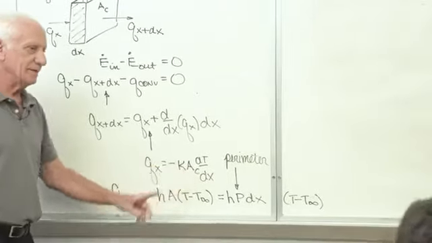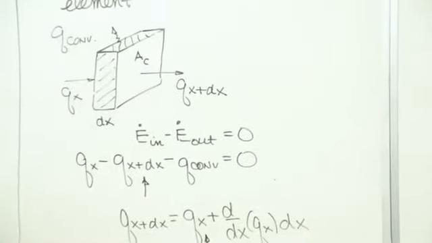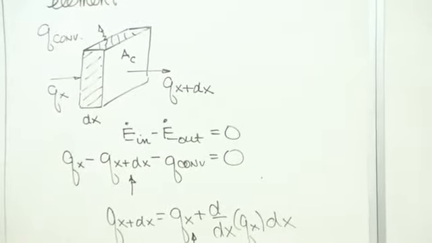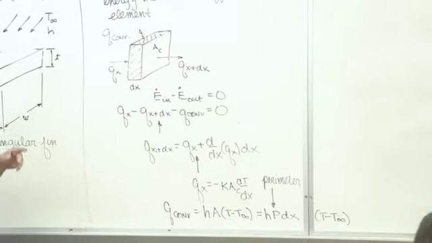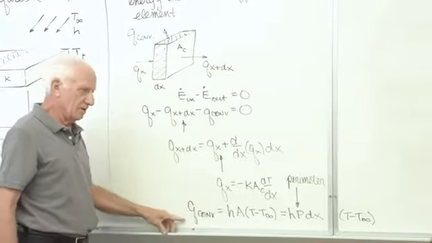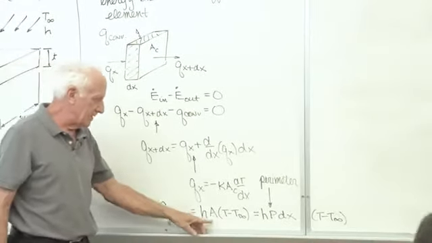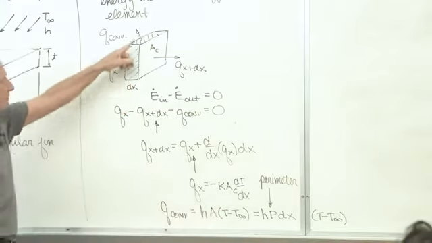What does Ac mean? Here, there's Ac. It's the area through which heat is conducted. C stands for conduction. Now how about convection? Chapter 1, Newton's law: Q equals h A (T minus T infinity). What's the area shown here for convection?